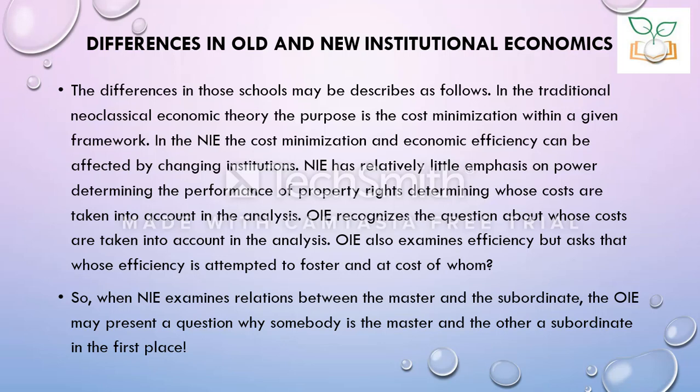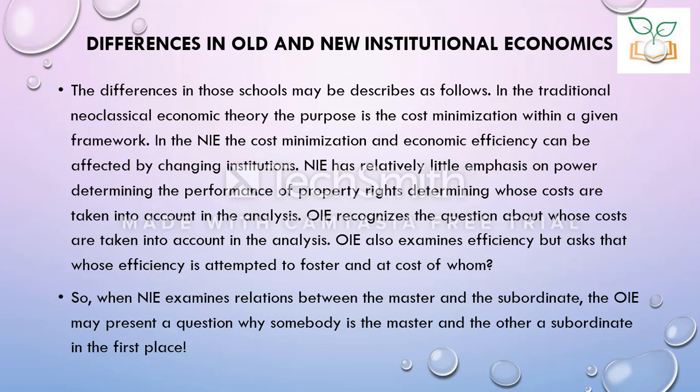New institutional economics places relatively little emphasis on power, which determines the performance of property rights and whose costs are taken into account in the analysis. Old institutional economics gave more importance to power, while new institutional economics gave more importance to the performance of property rights.